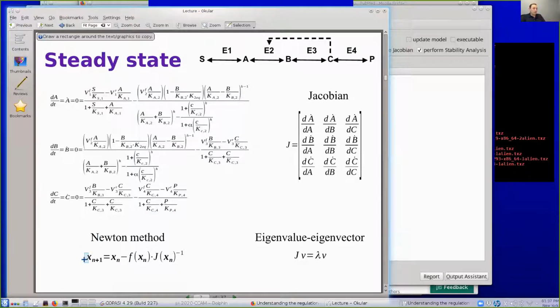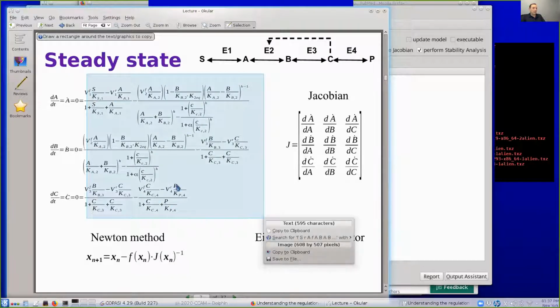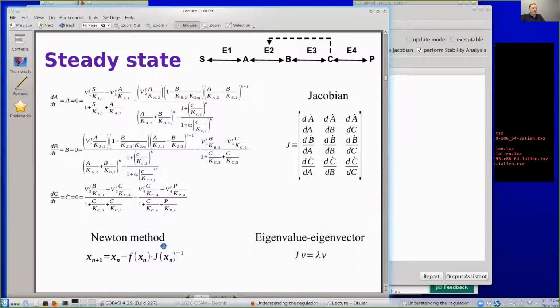But the solution to that equation at n+1 is closer than the solution at n. So this is an iterative process. At each step, you update your guess solution from the previous guess solution by using the following. f is basically this function. You calculate this function for each of the 3 species, so that's a vector. And then that's multiplied by the inverse of the Jacobian.